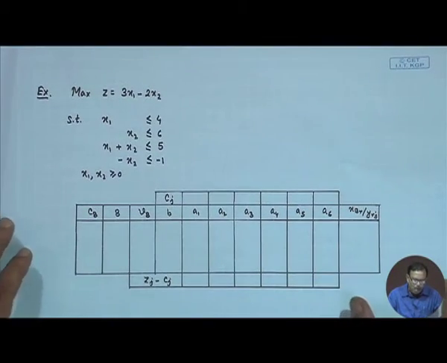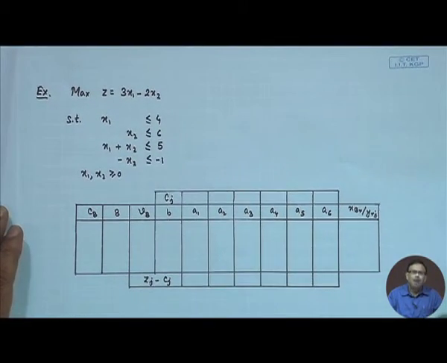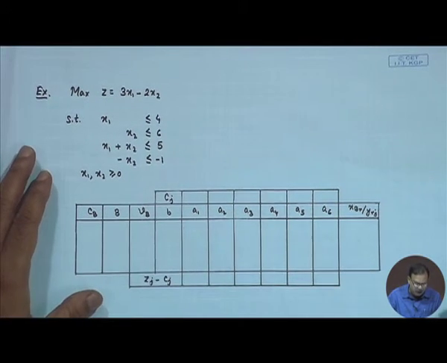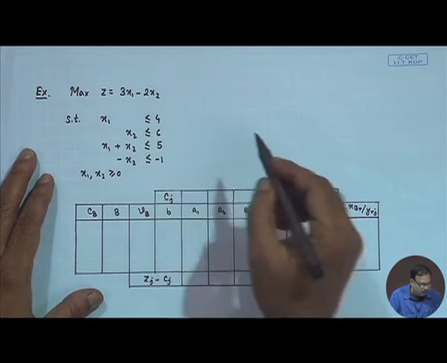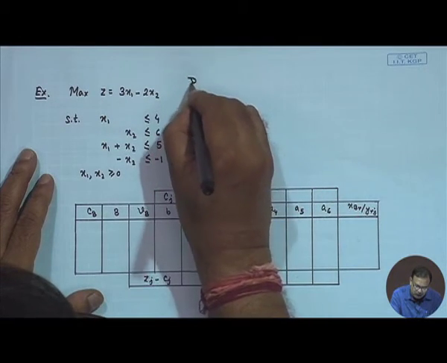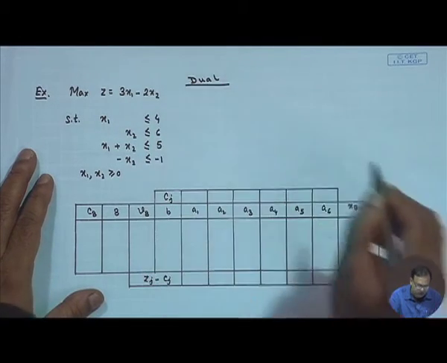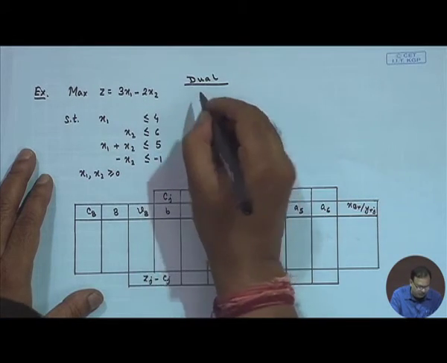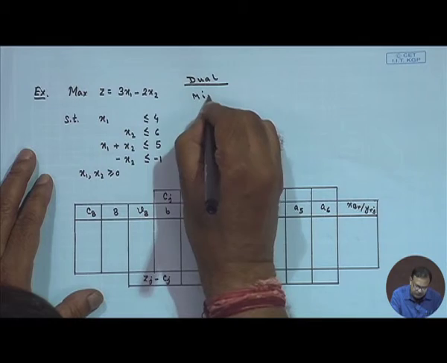Now, let us see how to find the solution of a dual problem. We will come to this one later. So, this is your original problem, and its dual. Let us first write down what is the dual of this problem. The dual of the problem will be minimize.